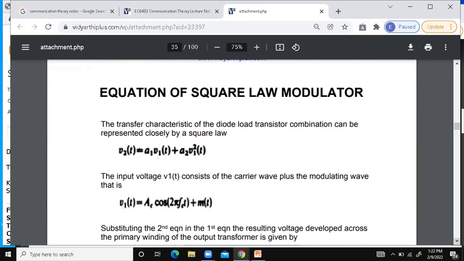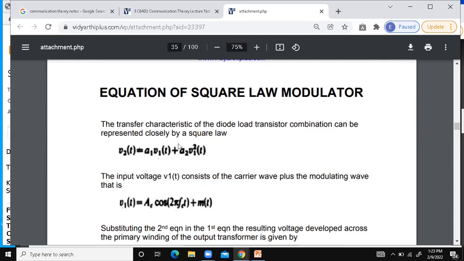But anyway, the transfer characteristic of the diode-transistor combination can be represented closely by the square law, or by a square law. Right?